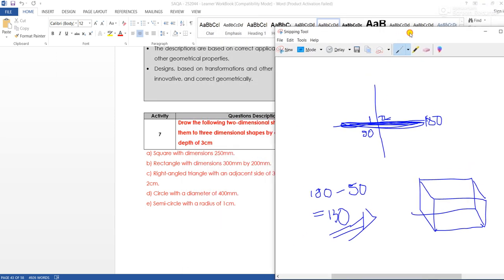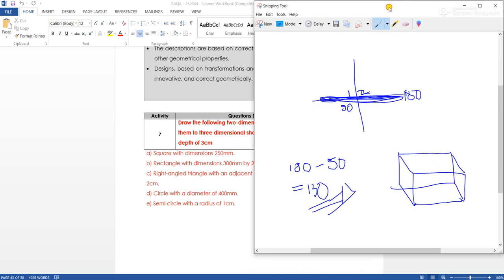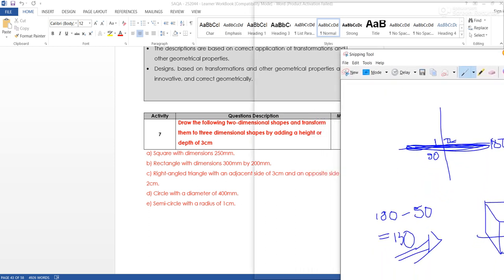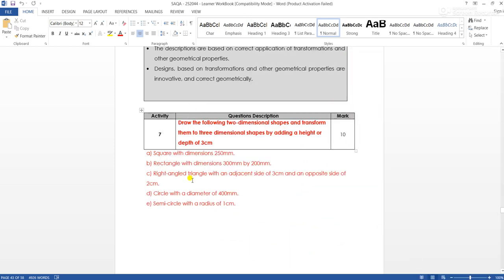You need a square with dimension of 2 millimeters, a rectangle with dimension of 3 millimeters by 2 millimeters, a right angle triangle with an adjacent side of 3 centimeters and an opposite side of 2 centimeters, a circle with a diameter of 4, and a semicircle with a radius of 1 meter.